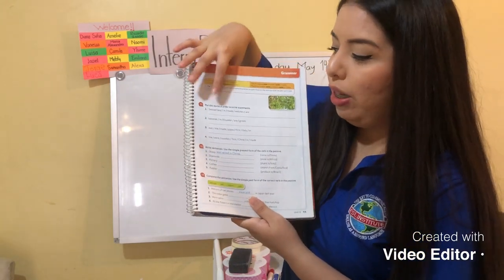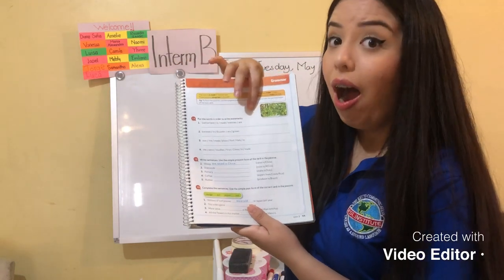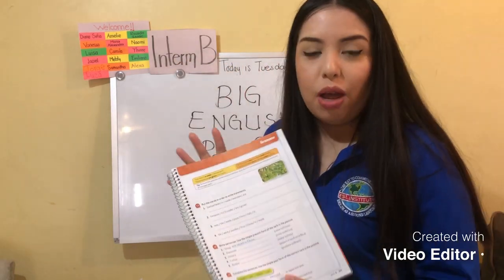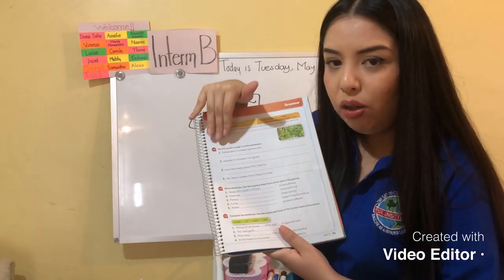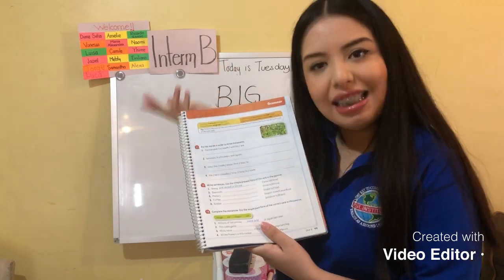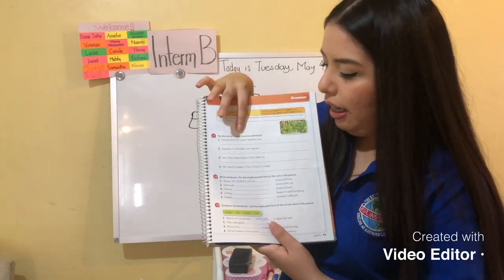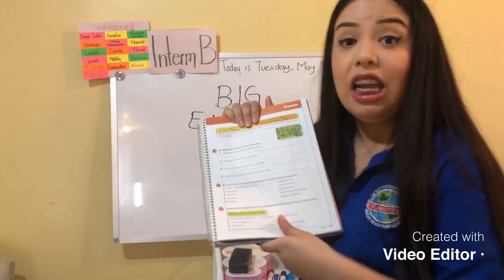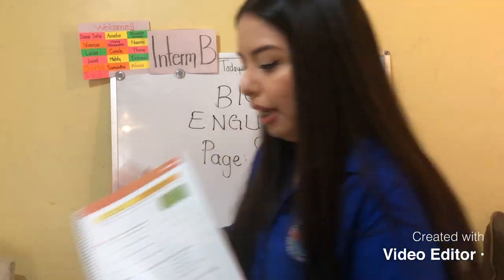We have number 1: Switzerland, in, made, watches, are. Those words are not in order. We need to put the words in the correct order to make a sentence using the passive voice. You have to put it in the right place.